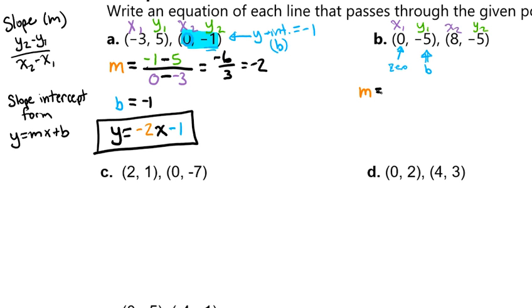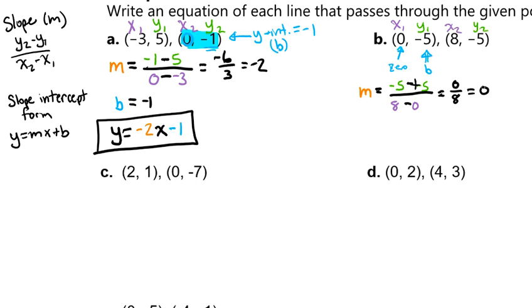We're going to have negative 5 minus negative 5, divided by 8 minus 0. Here we have a minus a negative, so it's kind of like a plus. So we're going to have 0 over 8, which is 0.